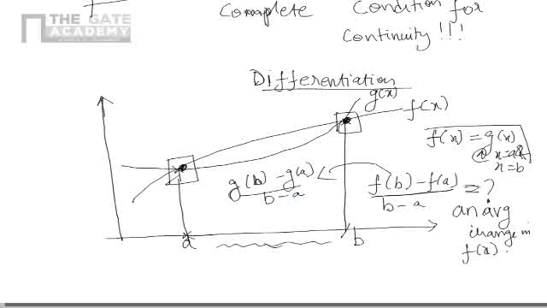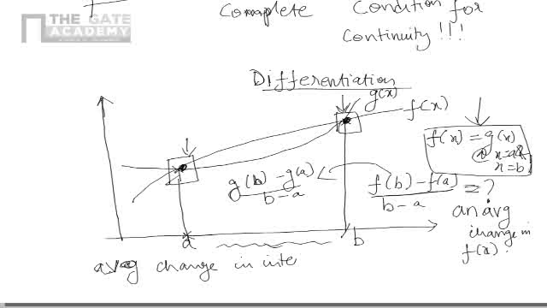Because g of a and g of b are the same as f of a and f of b, this will also be the same. That means the average change in the interval a comma b is the same for f of x and g of x.